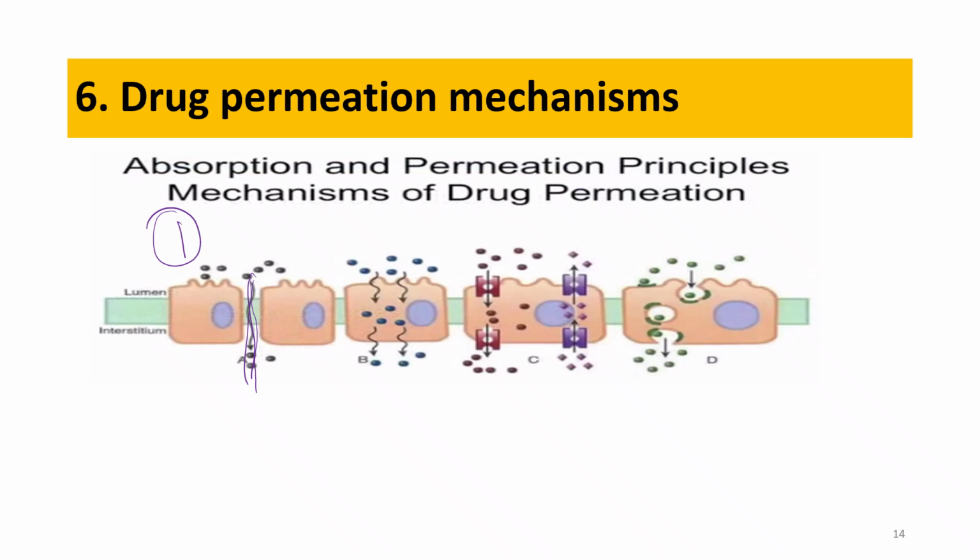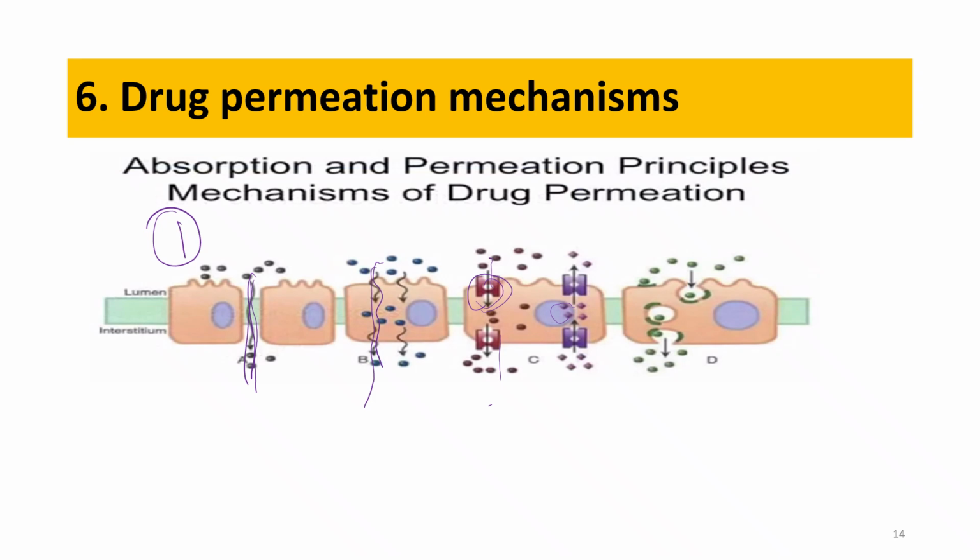And lipid soluble substances cross the membrane and go inside the cell. And we have facilitated diffusion or active transport. This is facilitated diffusion: use the carrier molecule and transfer the substances from one side to inside. And also active transport utilizes the energy and transfers the substances from one side to the other side.